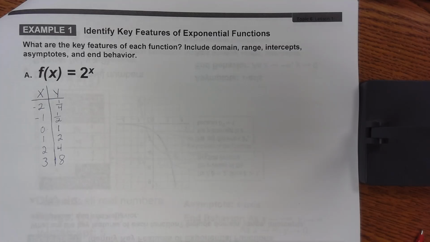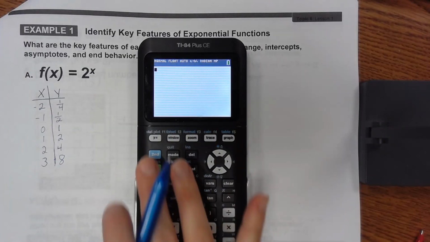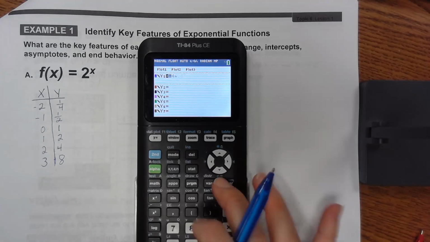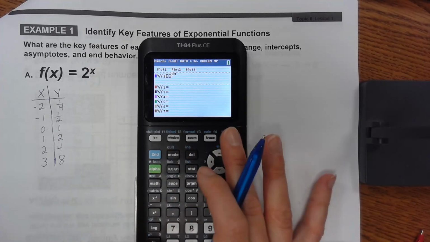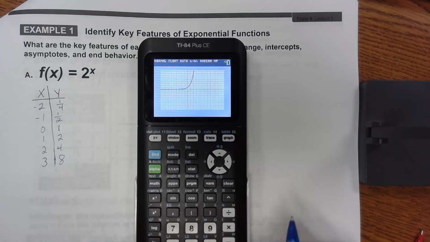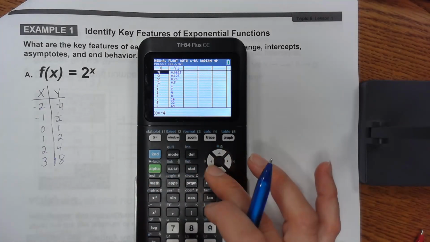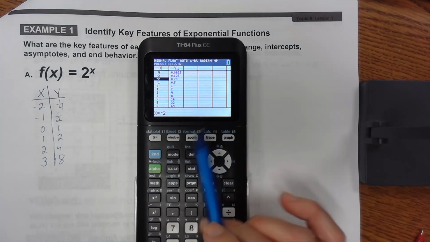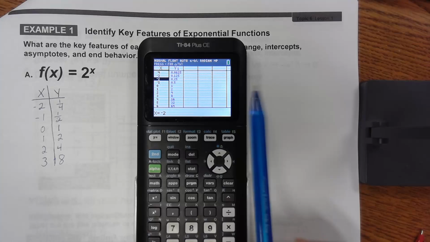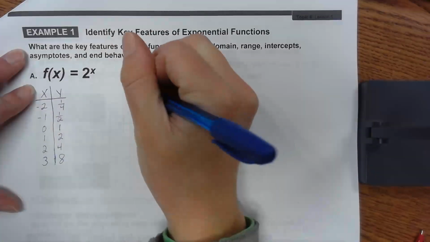Okay, now if you aren't sure on those or want a faster method, you can always go to y equals, and I'm going to type in 2 raised to the x, and I'm going to hit graph, and what I'm going to do is just go second table, and I can see those values there. Now these give you decimals, but we know that this is 1/4 and 1/2. Okay, so let's draw a rough sketch.